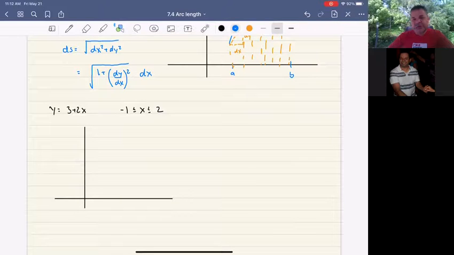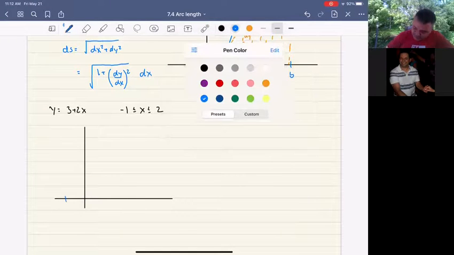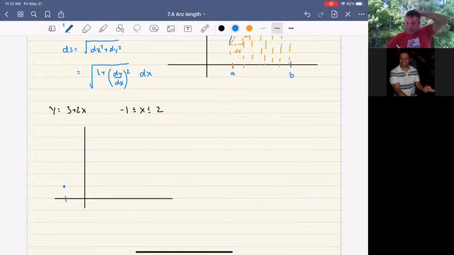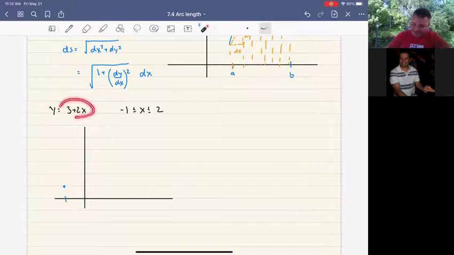We're going to just recognize that, hey, this is just a line. It's a line connecting negative 1. If x is negative 1, y is 1. Okay, if x is 2, y is what? 3 plus 4 is 7.